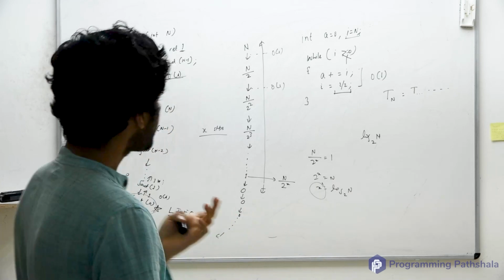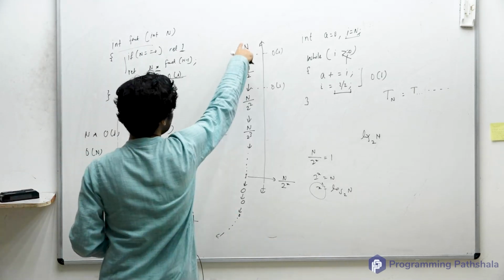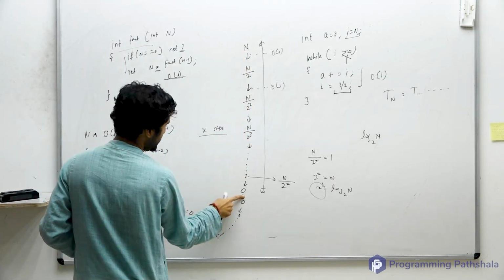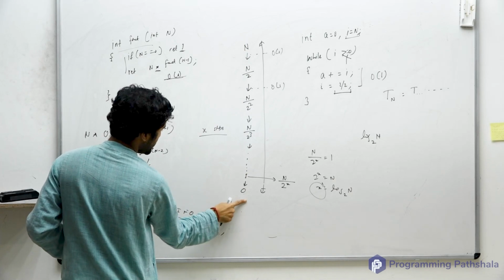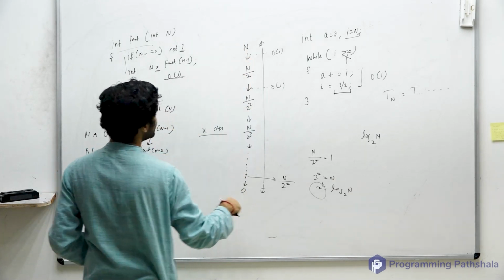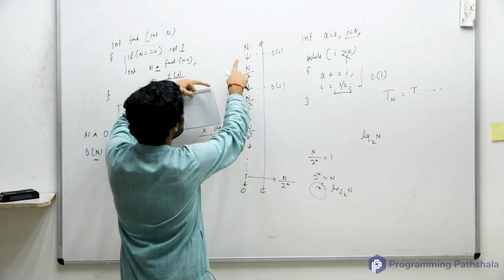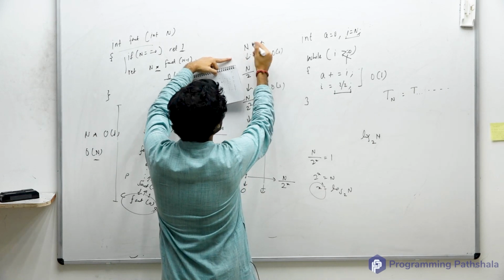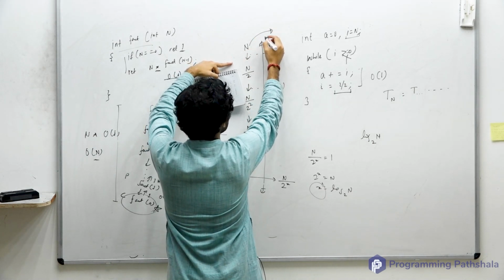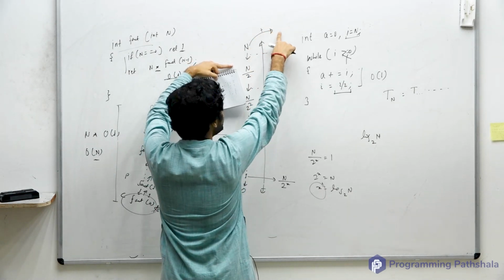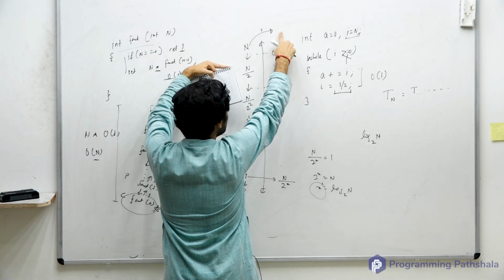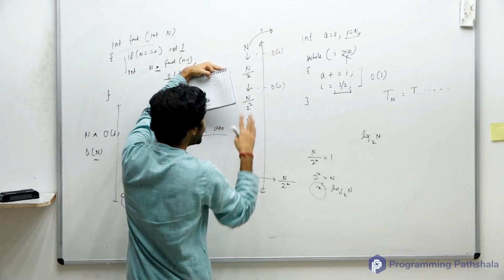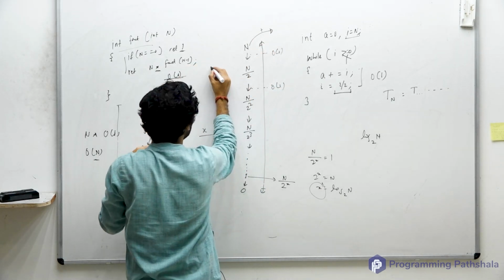Let's say this is what you are seeing, right? Let me erase this. This is one ladder that you are seeing. Now tell me one thing. How much should this n change so that the number of steps get incremented by at least 1 unit?